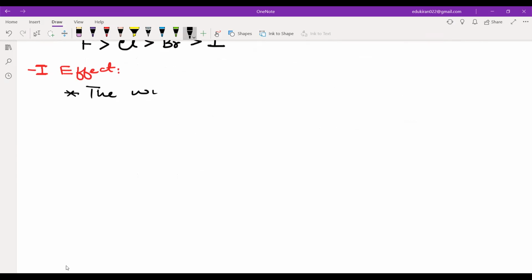The withdrawal of sigma electrons through inductive effect.